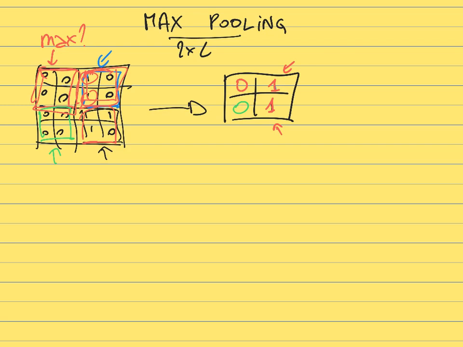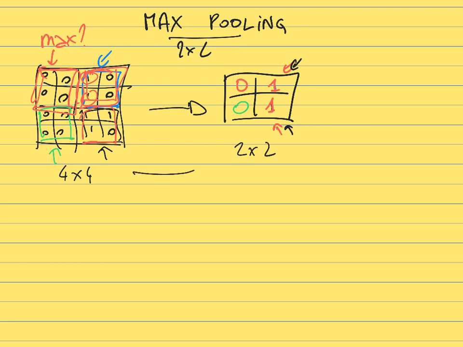You have lost a little bit of information because you don't know exactly at which pixel those features have been detected, but you know that somewhere on the top right and somewhere on the bottom right something has been detected, and in many cases this information is already useful enough. In addition, rather than having a 4x4 grid, after the max pooling you now have a 2x2 grid.